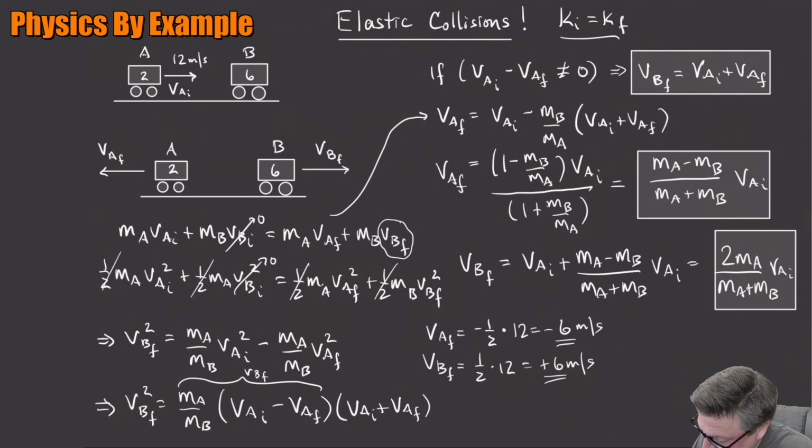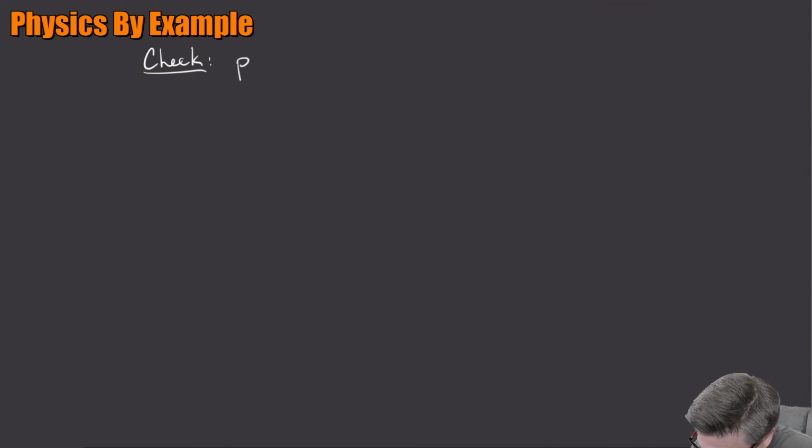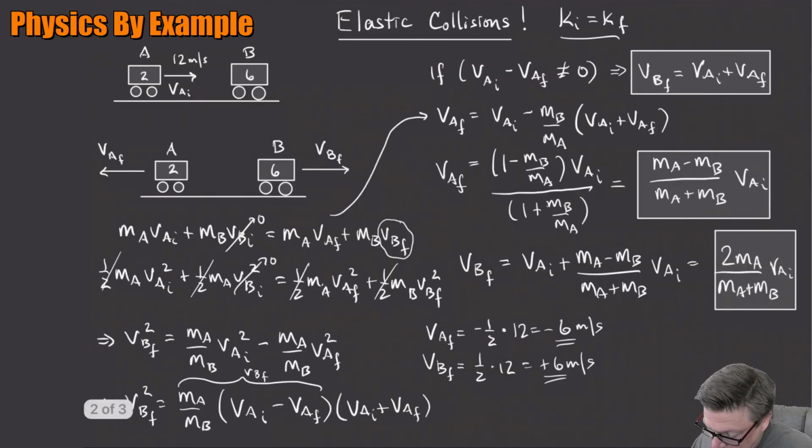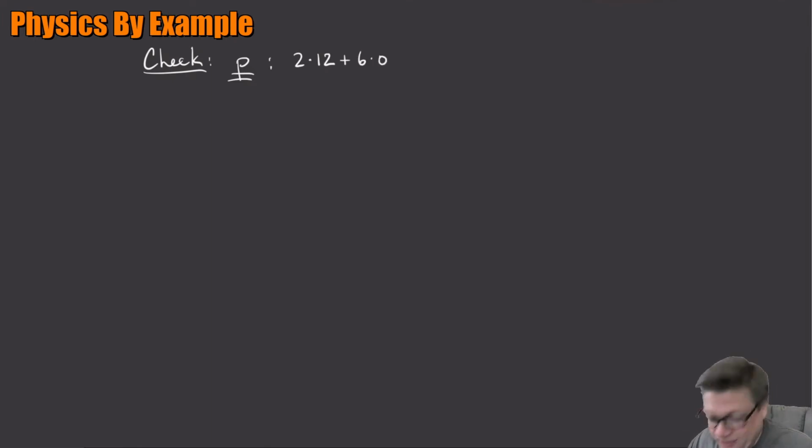Check. Our initial momentum was, let's go back and see, 2 traveling at 12, right? So our initial momentum is 2 times 12 plus, just for completeness, 6 times 0, right? That's going to be 0.